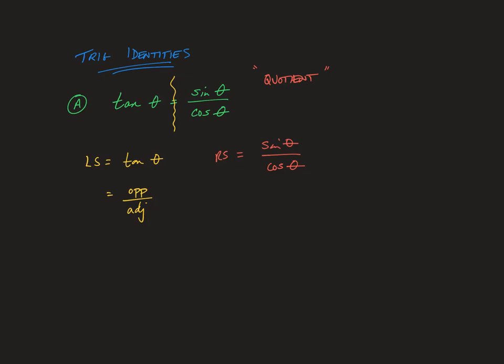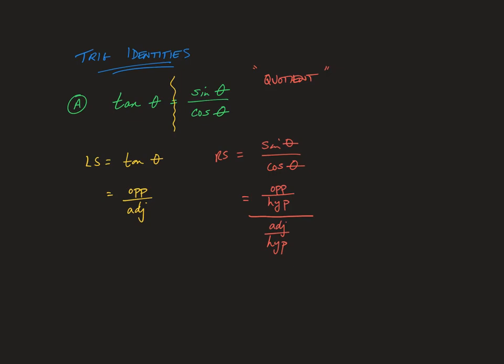So what I'm going to do then is jump over to the right side, because I know how to calculate both the sine and cos of theta. I know that sine theta would be my opposite over my hypotenuse, and my cos theta would be my adjacent over my hypotenuse. Now, what I have in that expression is the division of 2 fractions.